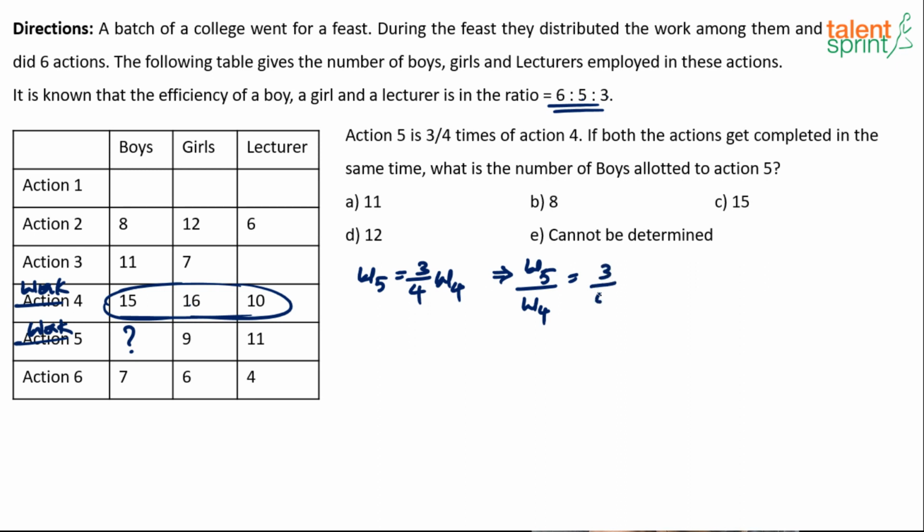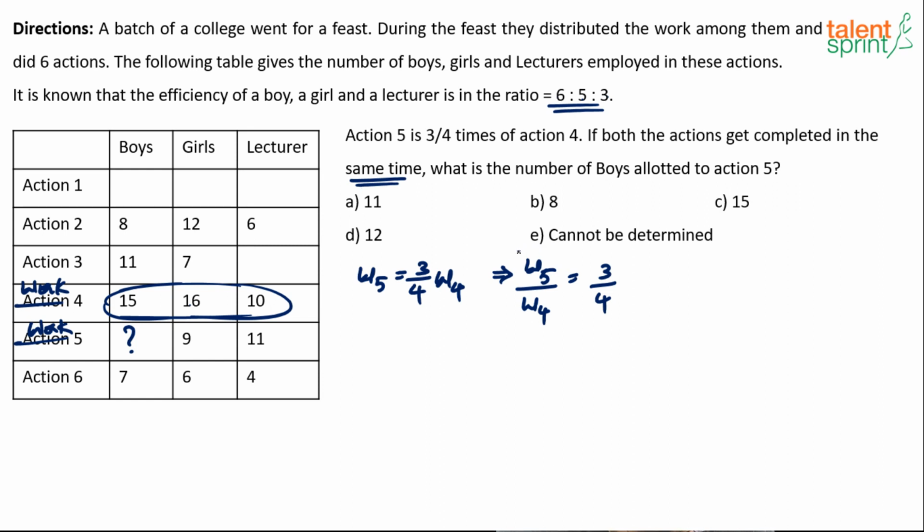So this equation tells us that W5 by W4 equals 3/4. Now W5 by W4 is 3/4, and the time taken is equal. Both the actions get completed in the same time. See, what is work?